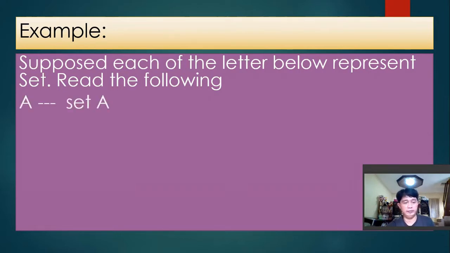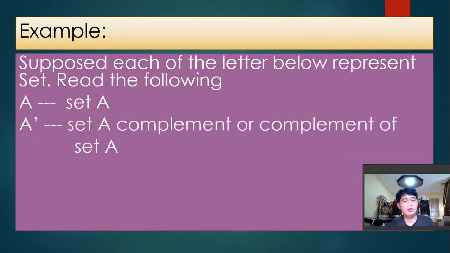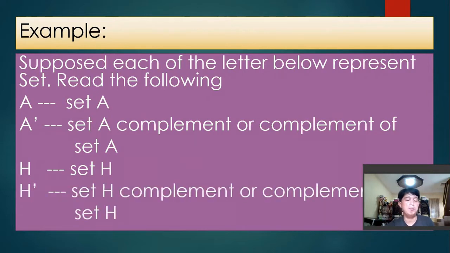Suppose A is a set, so this is read as set A. And when you are to find the complement of set A, the symbol for that is A prime, read as set A complement or complement of set A. Okay, second example, H. Suppose H is a set, and this is read as set H. For example, we are to find its complement.